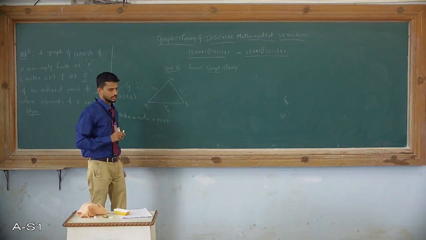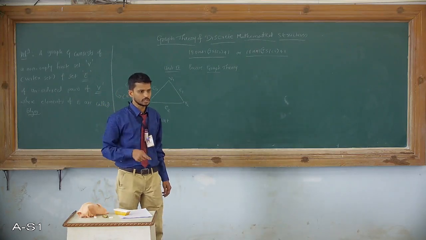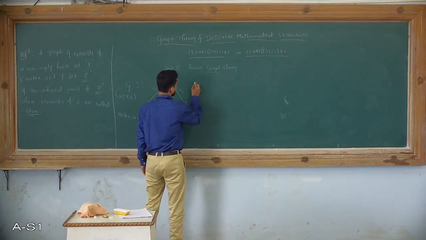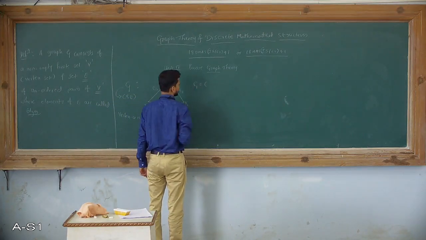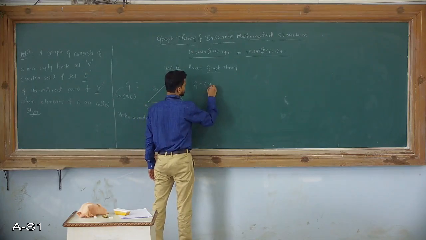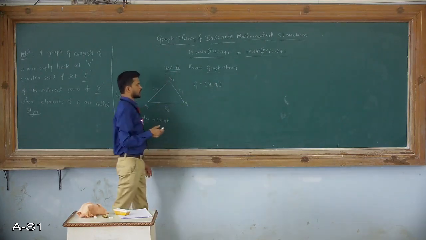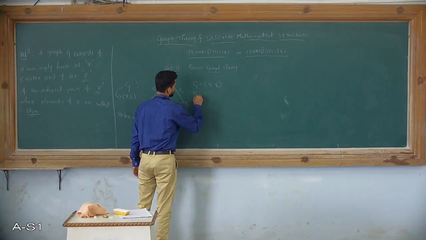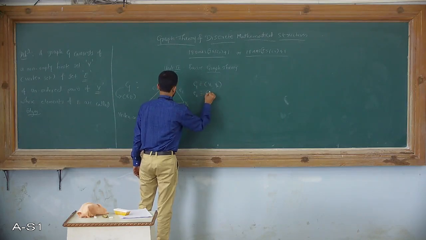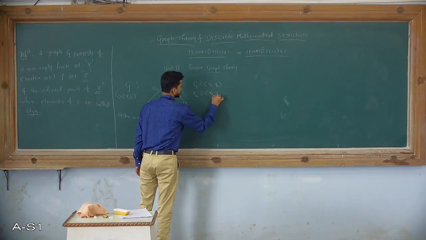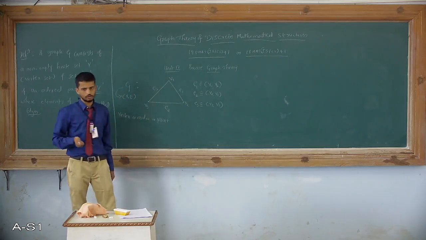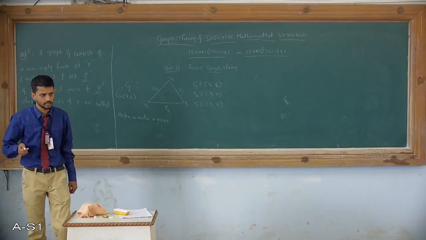So each edge corresponds to 2 adjacent vertices. Therefore E1 can be equivalently written as an unordered pair of vertices, V1, V2. Similarly, E2 represents V2, V3, and E3 represents V3, V1. A collection of vertices as well as edges is called a graph.